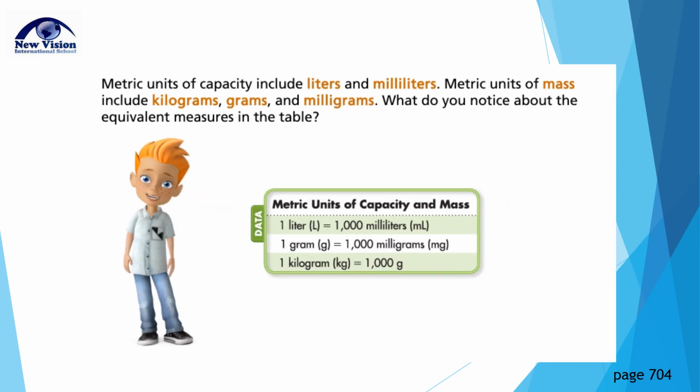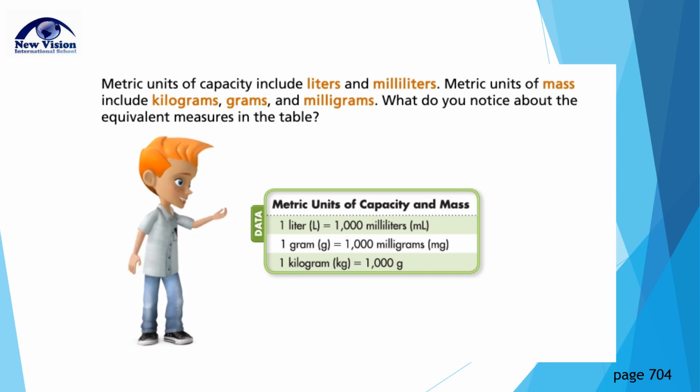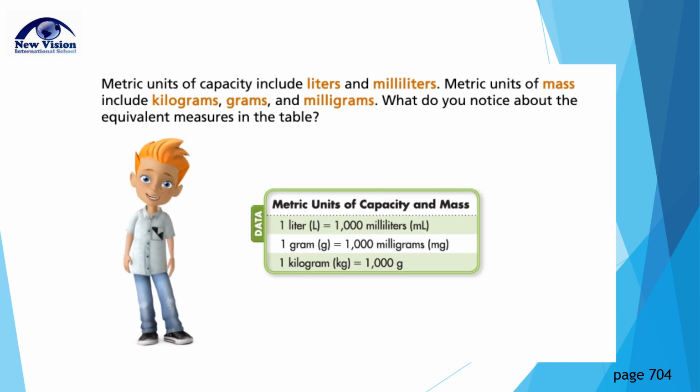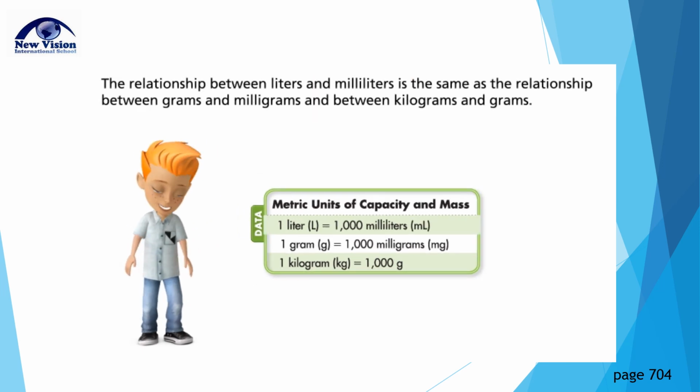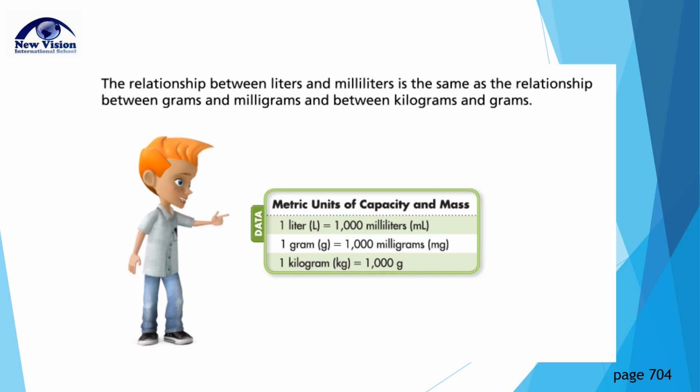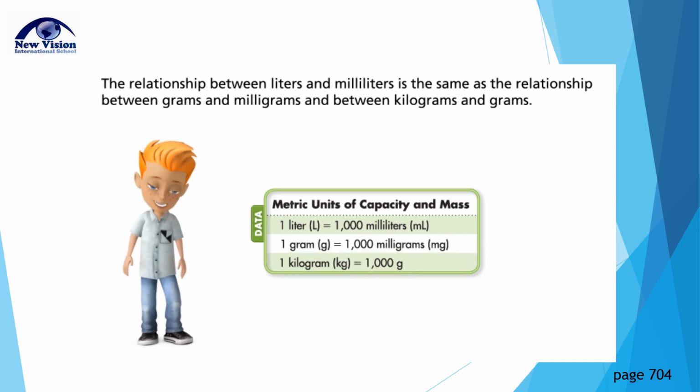Metric units of mass include kilograms, grams, and milligrams. What do you notice about the equivalent measures in the table? The relationship between liters and milliliters is the same as the relationship between grams and milligrams, and between kilograms and grams.